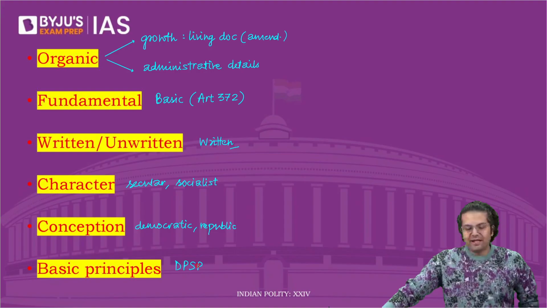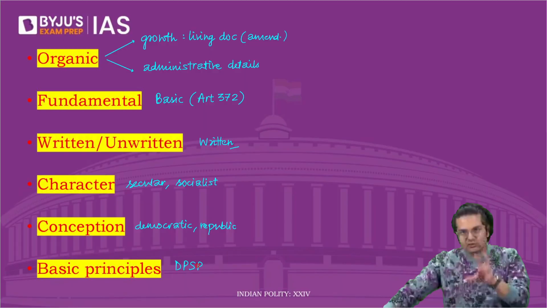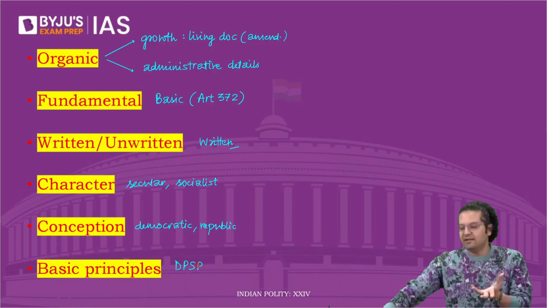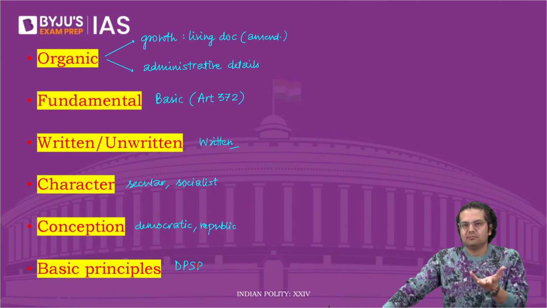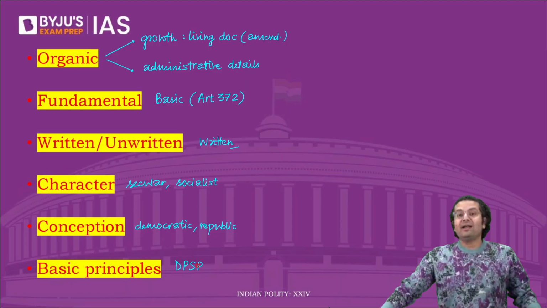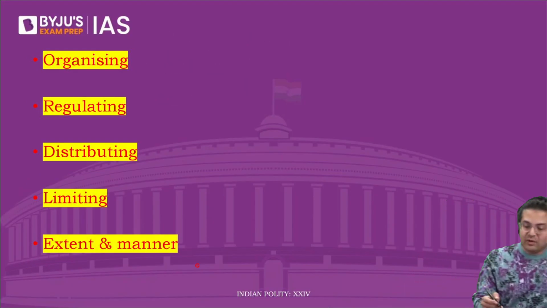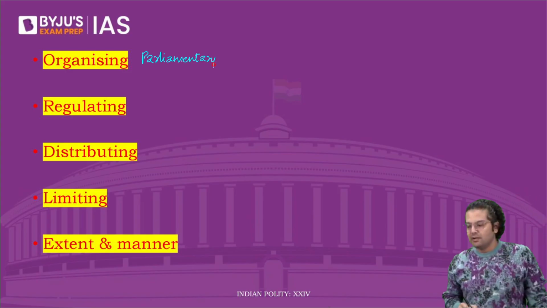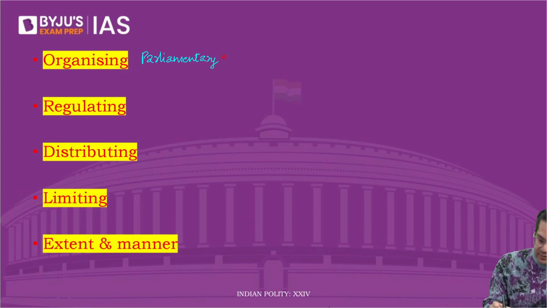And an organic document actually also means a document which contains administrative details. Then organizing the government. Tell me, how is our government organized? We are a what form of government? Parliamentary form of government.